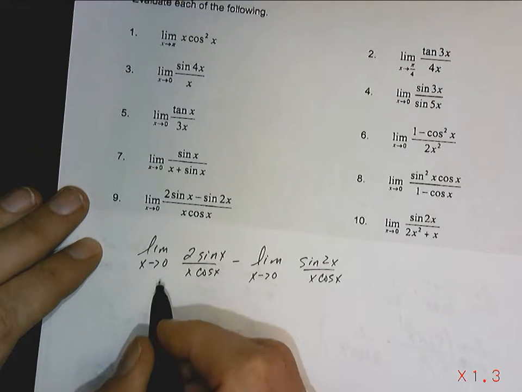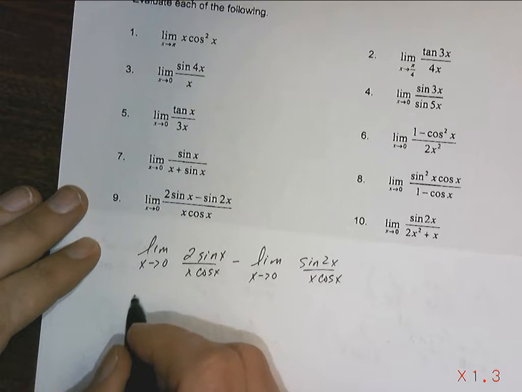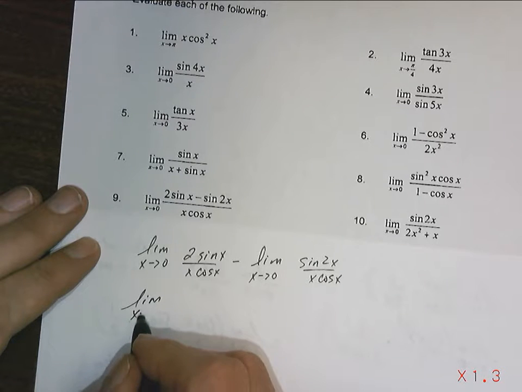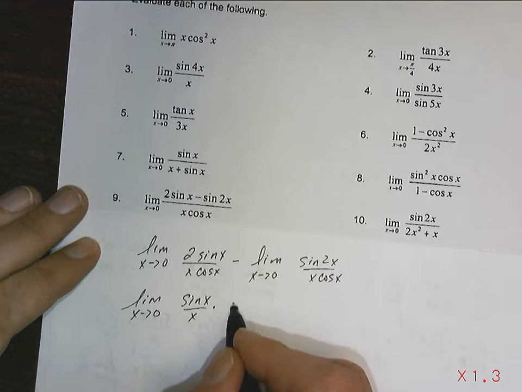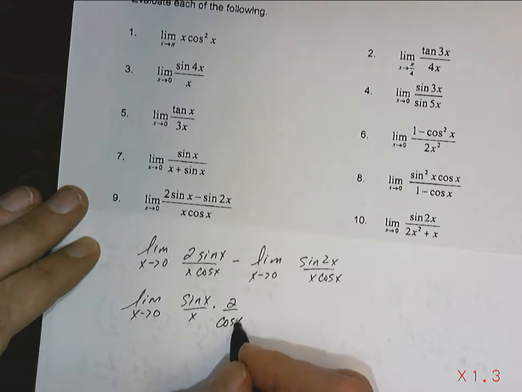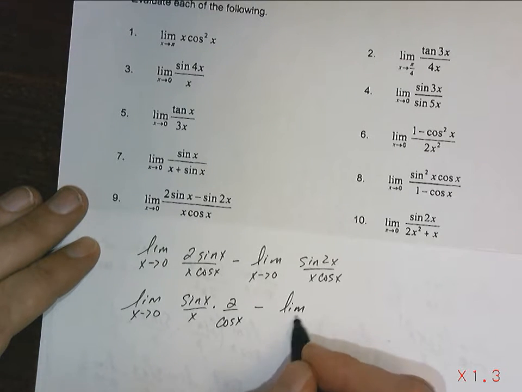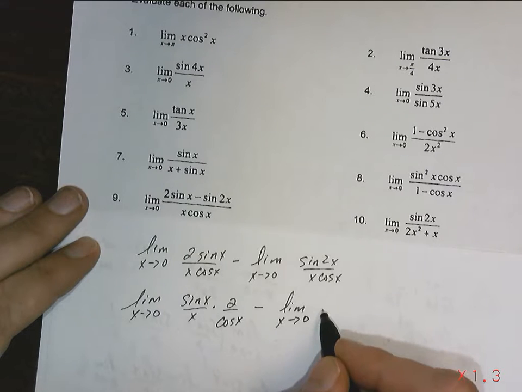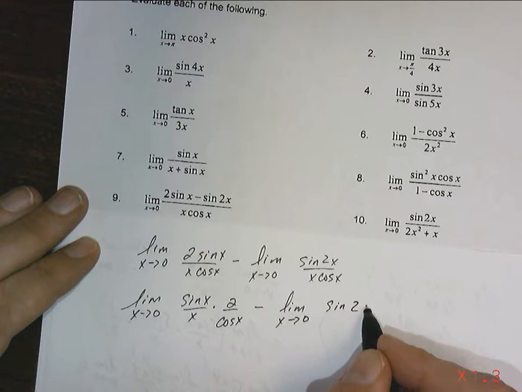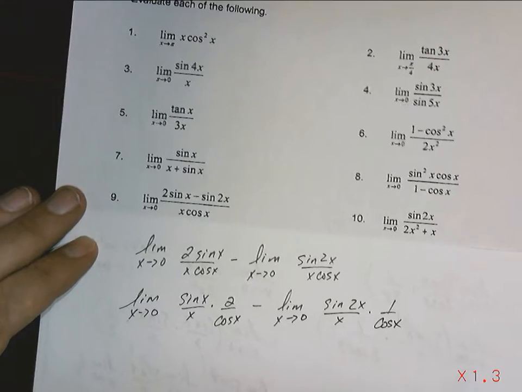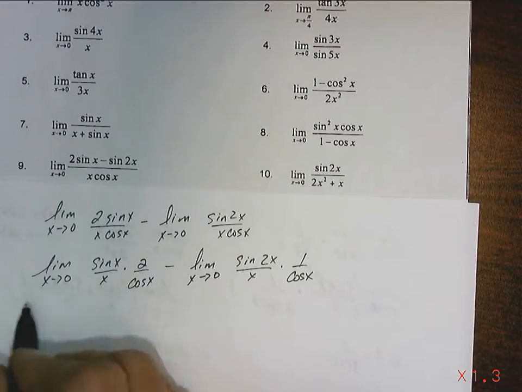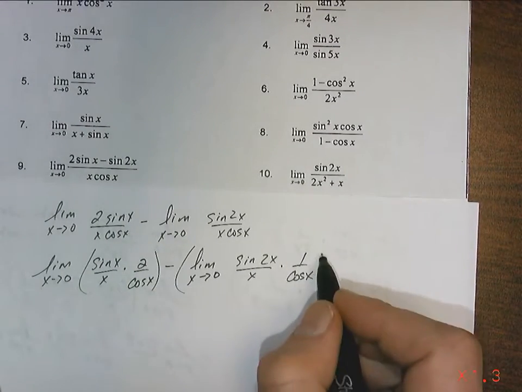I like it, because what I'm going to do is change it to the limit as x approaches 0 of sine x over x times 2 over cos x, subtract the limit as x approaches 0 of sine 2x over x times 1 over cos x. Separate those two limits.